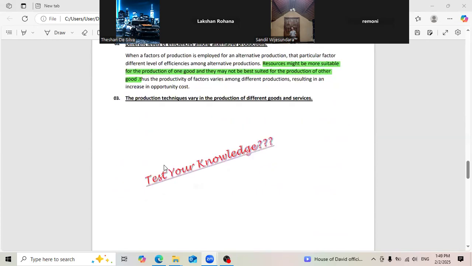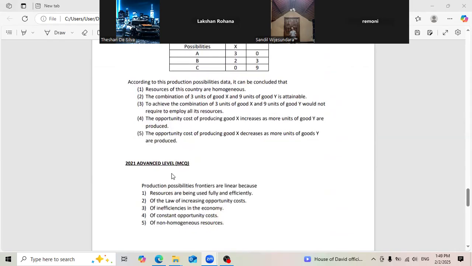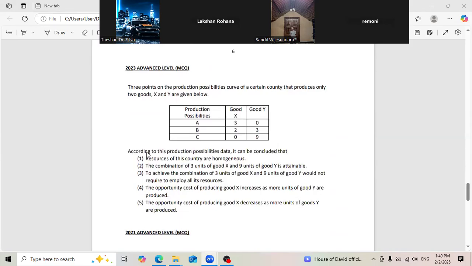Right, let's do some questions for this increasing and constant opportunity cost. This is an A-level question, a 2023 paper question. Give a try, I'll give 5 minutes.